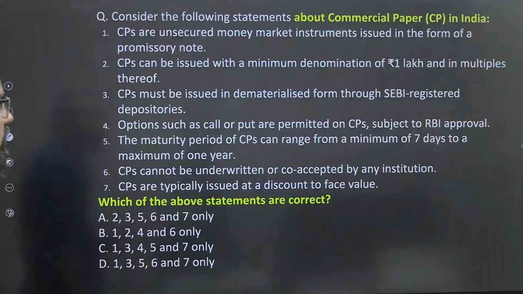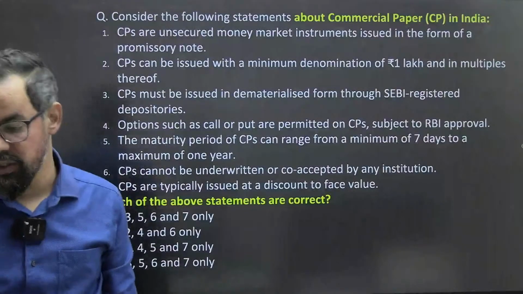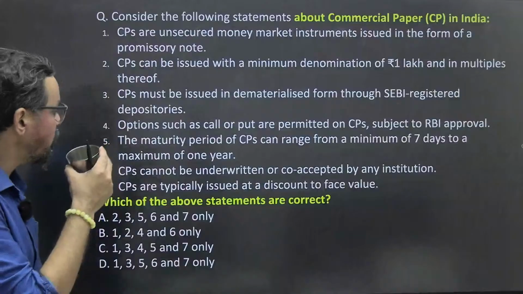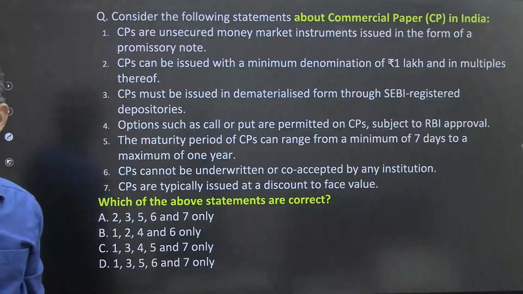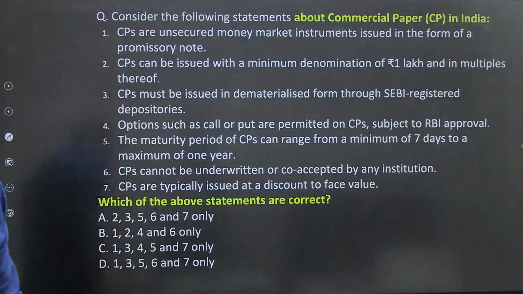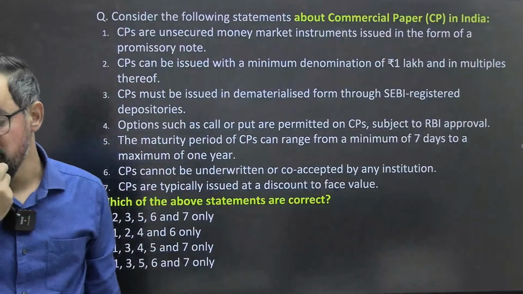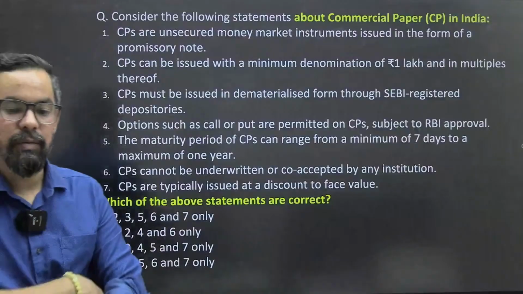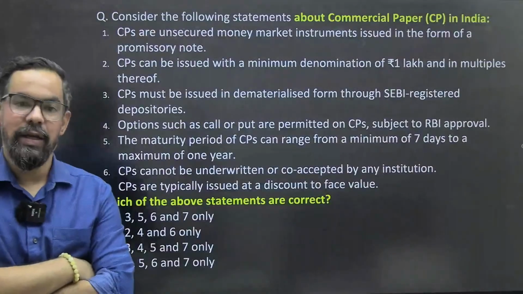Chalo, next one. Commercial paper. This is a very easy question. Okay? Commercial paper, and you have to find out the correct statement. Related to commercial paper, you have to find out the right statement. Batao. I'll give you 20 seconds.